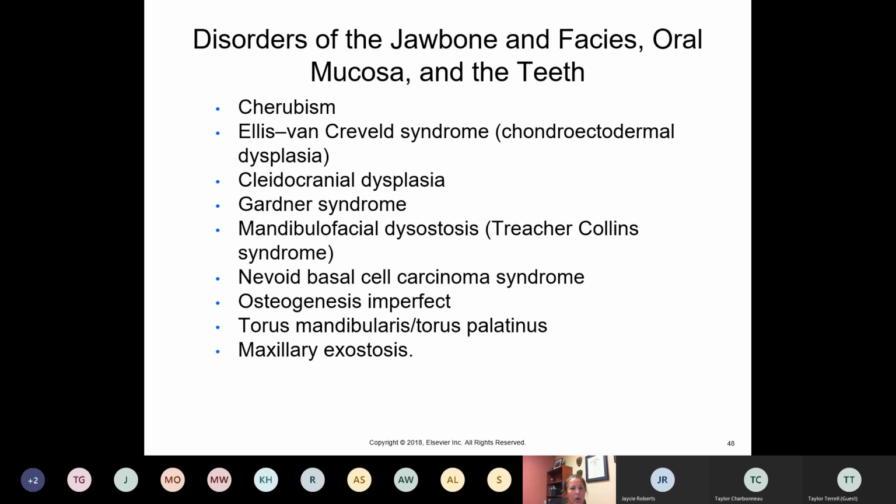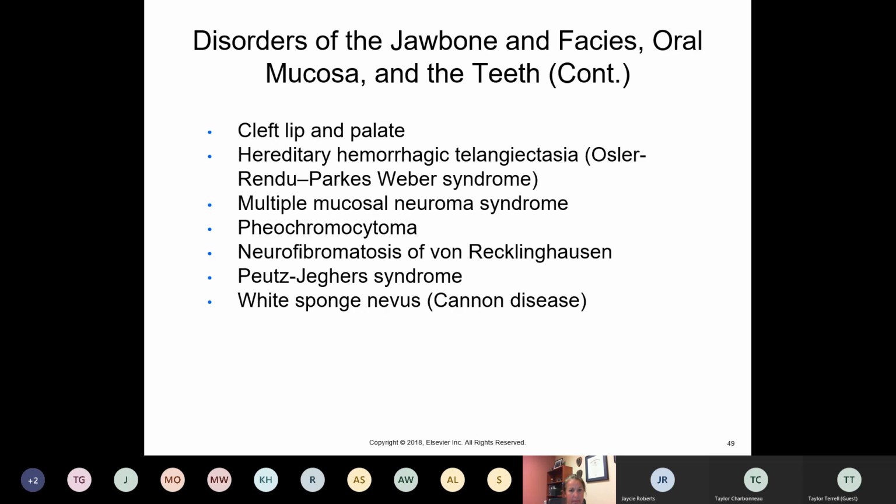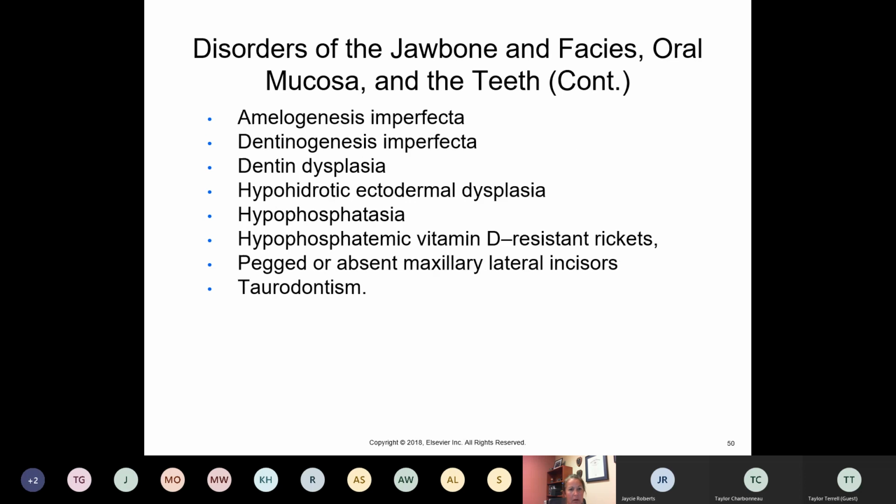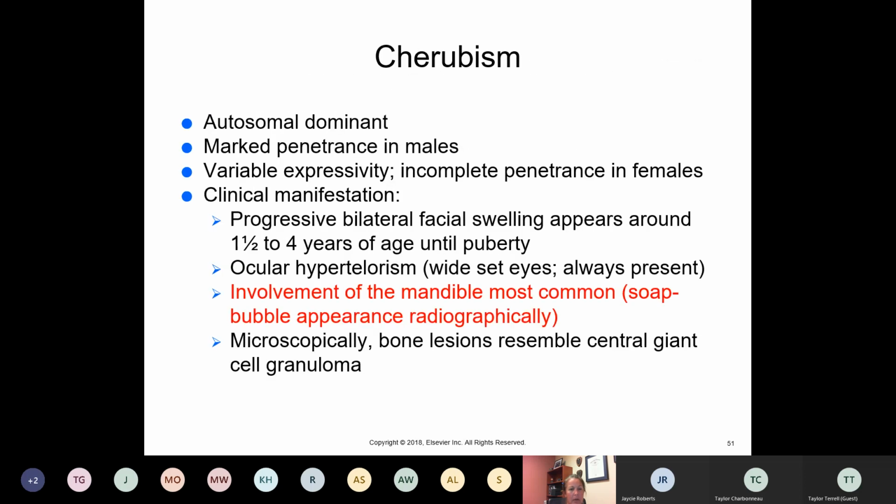We're going to talk about disorders of the jawbone and facies, the oral mucosa, and teeth. Quite a few of them here. Cherubism is the first one, and I don't know if you guys think of Cupid on Valentine's Day, the chubby little guy in the diaper with the arrow. He's a cherub.